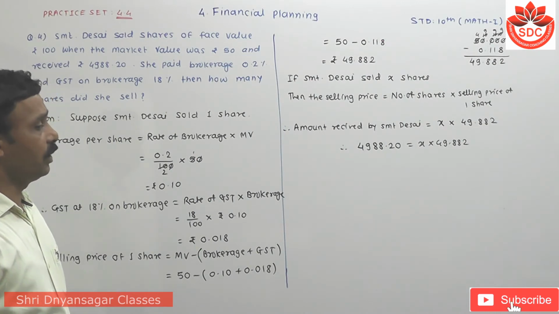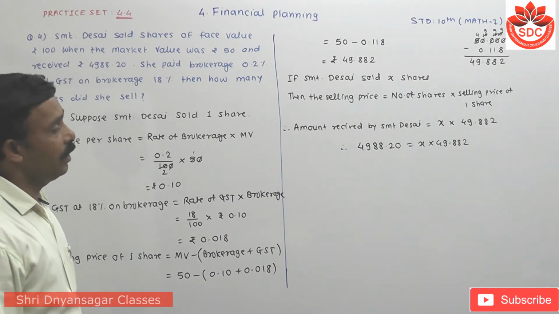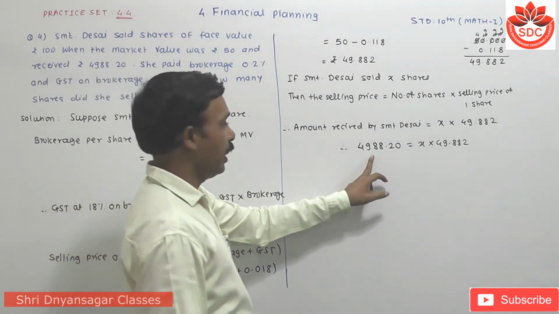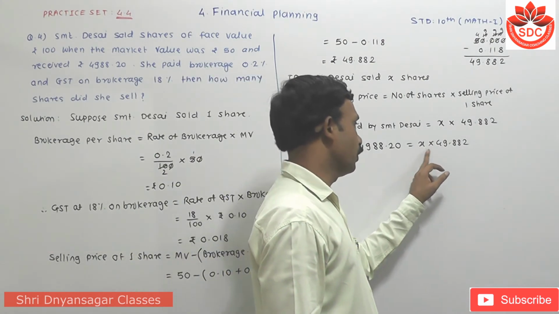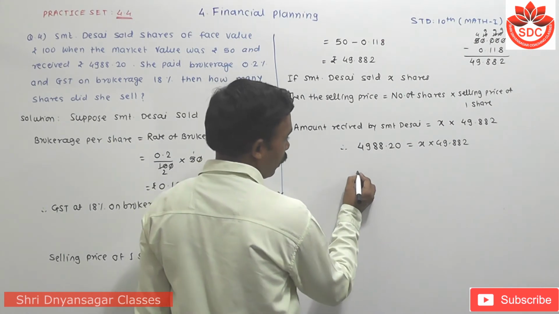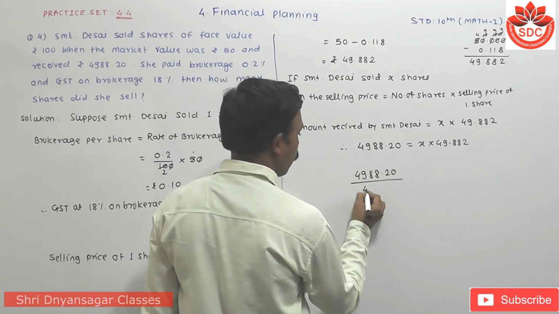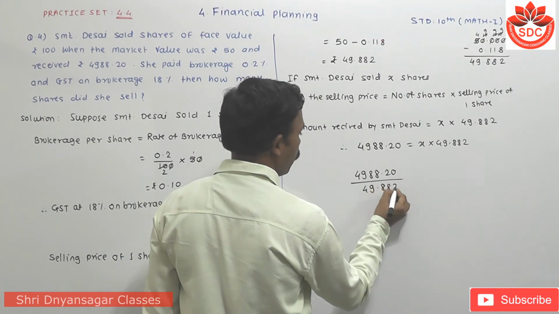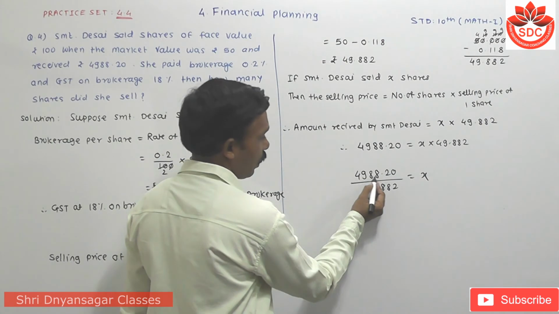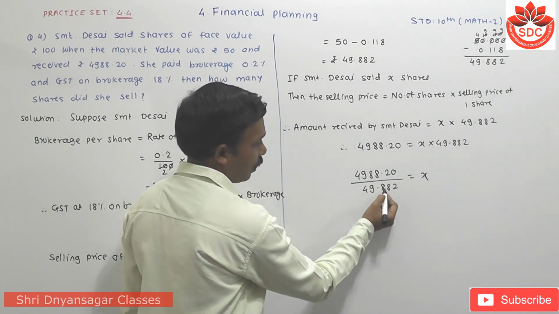Means the amount received is 4988.20, equal to x into the value of one share. Transposing, we get 4988.20 upon 49.882 is equal to x. Now student, look carefully: 49.882 has 3 digits after the decimal point and 4988.20 has 2.